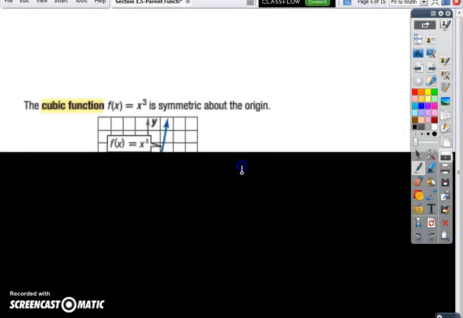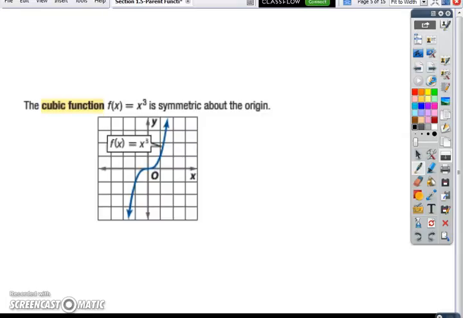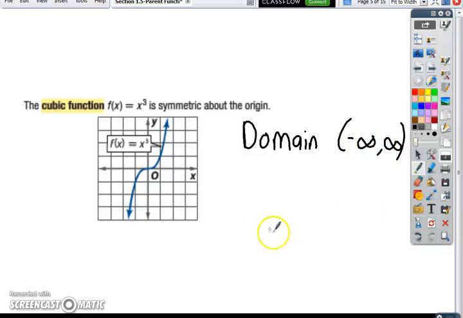Now, the next function we have on tap is a cubic function. Now, a cubic function, again, domain, nothing new here, negative infinity to infinity. That seems like it's a bit of a pattern, and it is. My range also is going to be negative infinity to infinity.